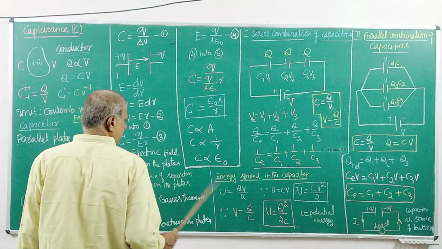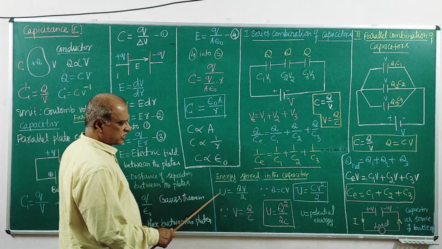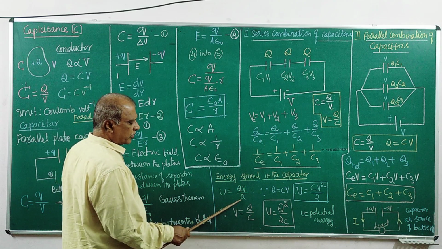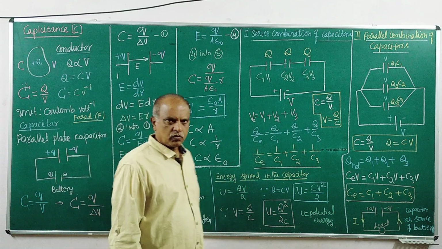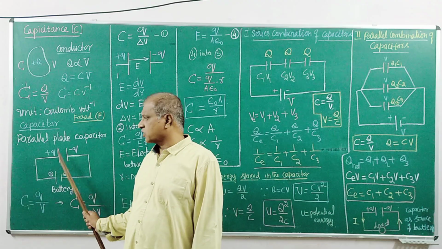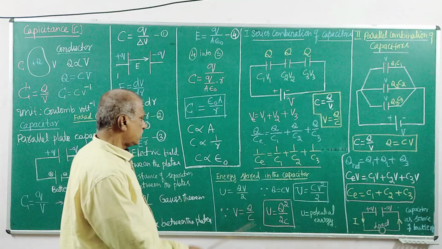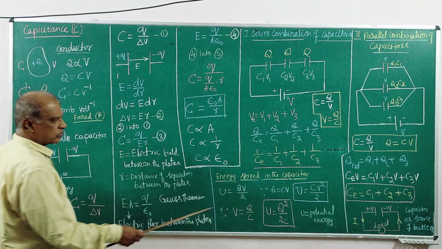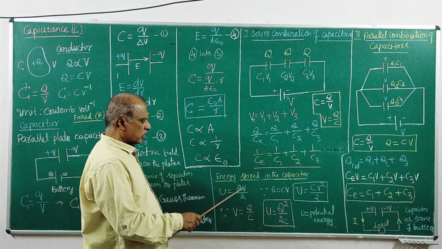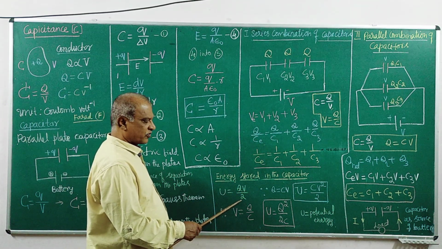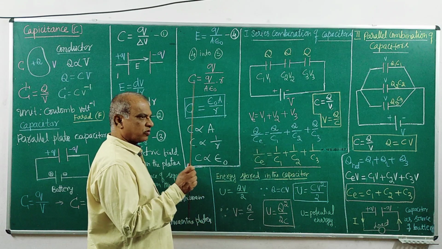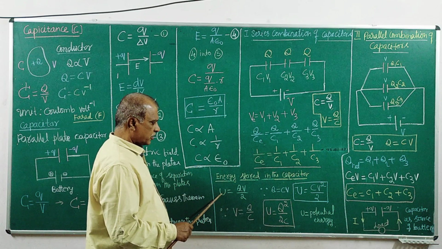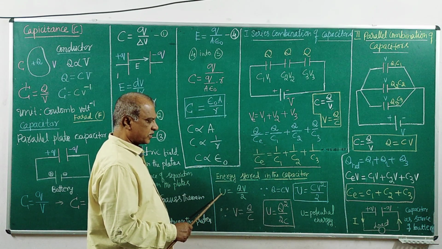So the energy of the capacitor is U, the potential energy, equal to QV divided by 2. Q is the amount of charge accumulated, and V is the potential difference. The work done is the same as U, the potential energy of the capacitor.